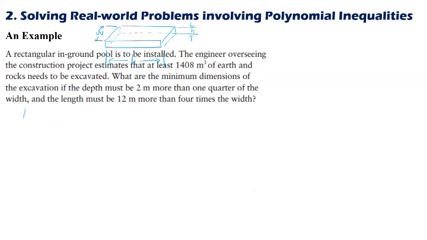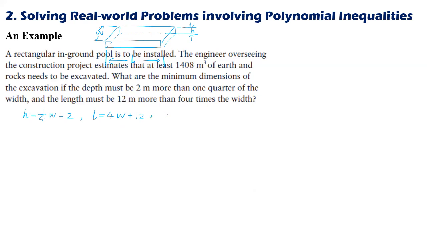We know that H is 1/4 of the width plus 2 meters, and the length is 4 times the width plus 12 meters, right?